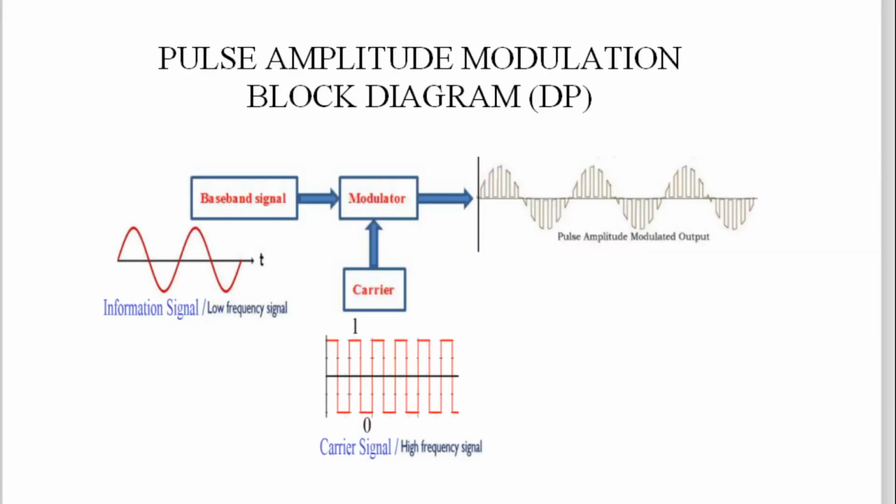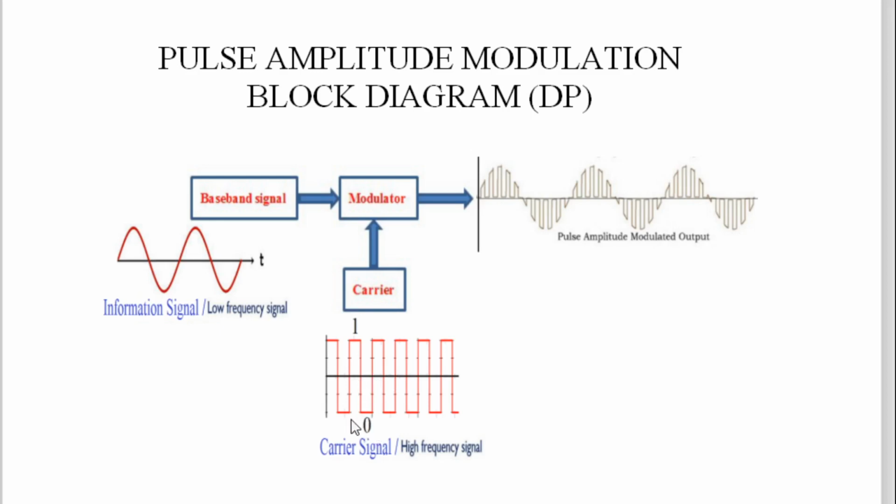Now let us go to the pulse amplitude modulation block diagram DP. DP means dual polarity. Here the only difference is that this modulator is a little different: the carrier applied is a square wave with HVL as logic 1 and LVL as logic 0, but this logic 0, you remember, is below the x-axis.